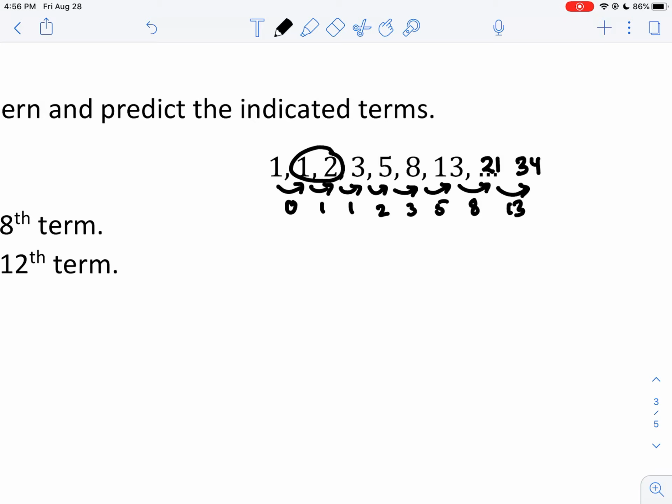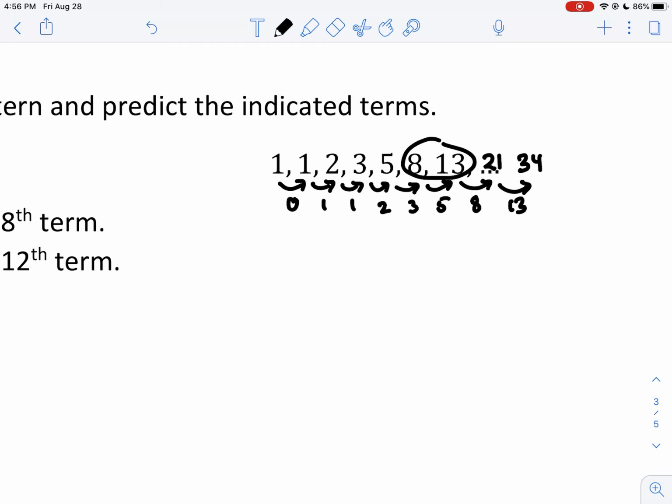Now to get the next one, add 1 and 2, and we get 3. And then we add 2 and 3, and we get 5. So here's another way you could look at this. Add 8 and 13, and we get the 21. Now we add 13 and 21, and we get the 34.